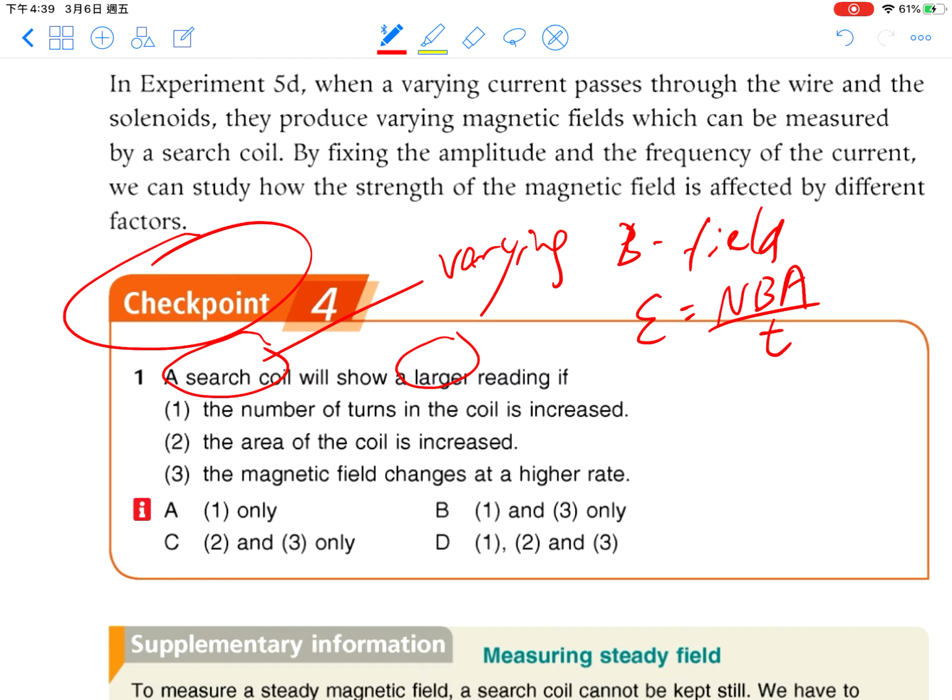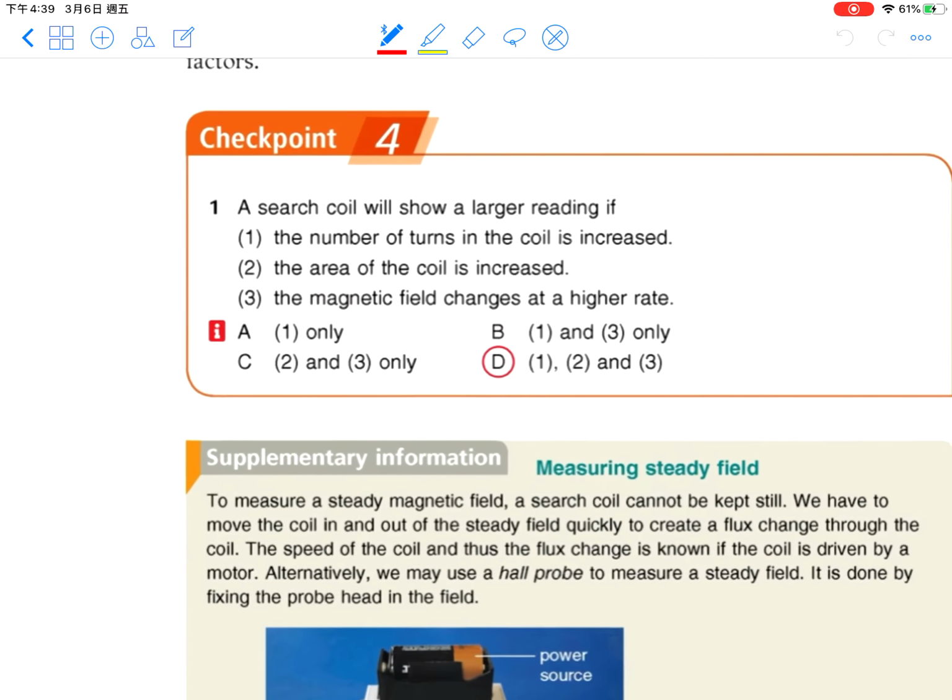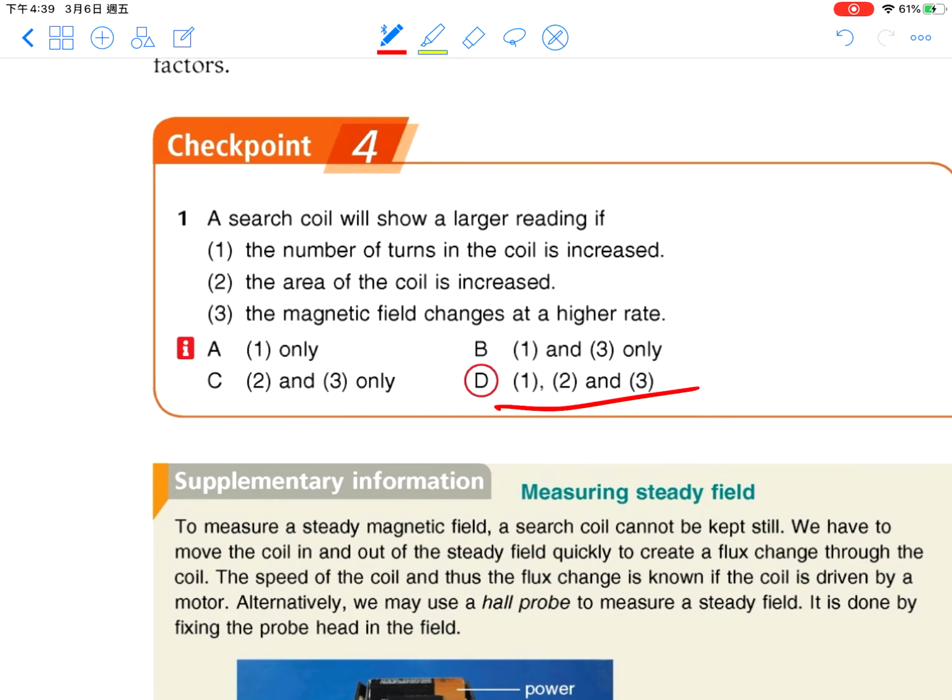You have the equation NBA over T, because induced EMF is delta phi over delta T. With N turns, it is NBA over delta T. So what is the answer? Maybe you can try. The answer is all of them.